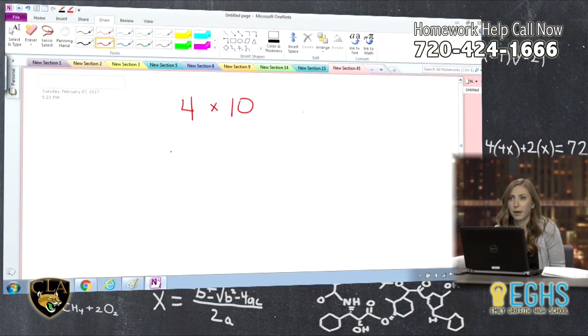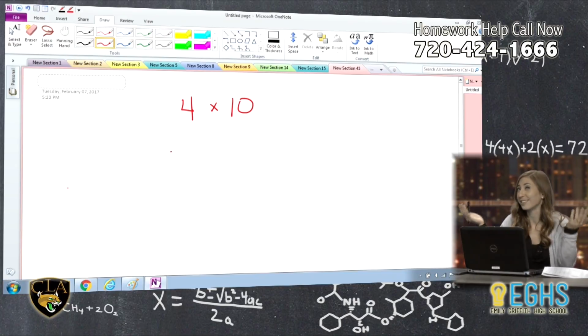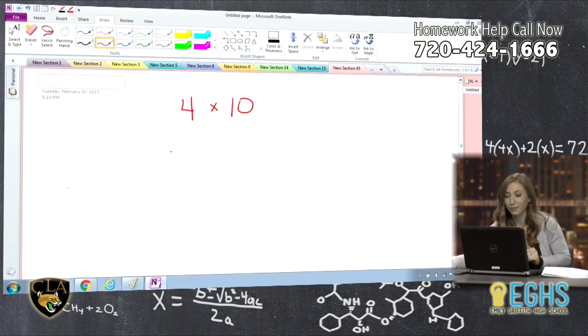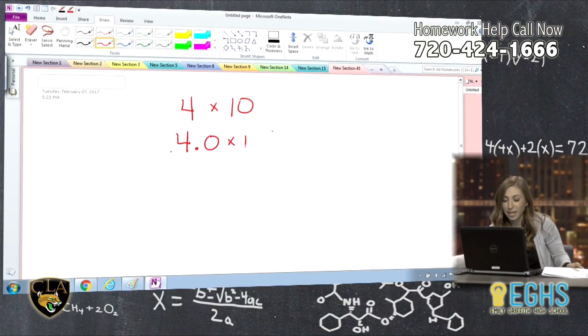I'm going to add something to that too. You've probably heard elementary school teachers, and sometimes it drives me crazy because they say it wrong, that when you multiply anything by 10, just add a 0. It's not really what's happening. Think about this example, 4.0 times 10. I'm just going to add a 0? That doesn't really work.